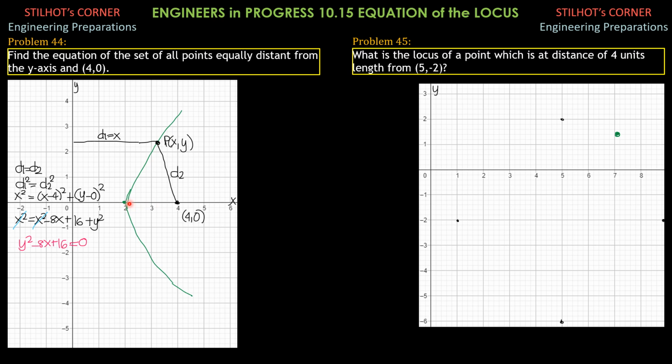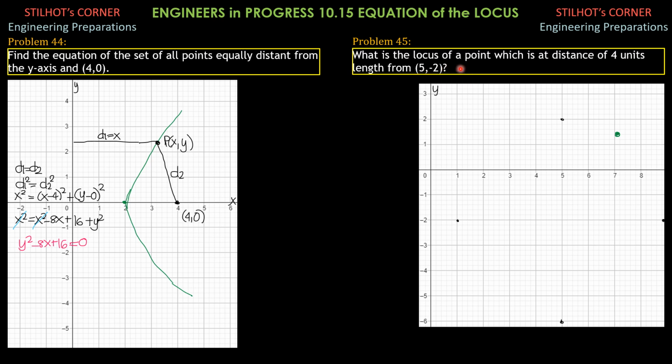So (2, 0) must satisfy the equation of this locus. So 0 squared minus 8 times 2, so negative 16 plus 16 equals 0. So we are confident that this is the equation of the locus.